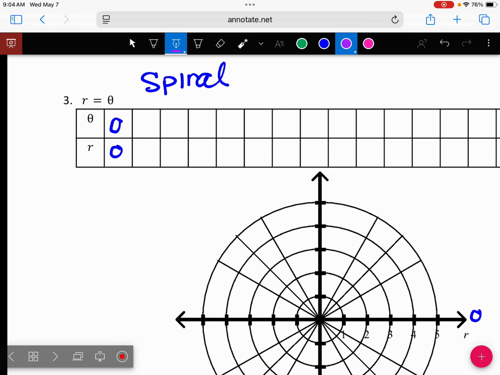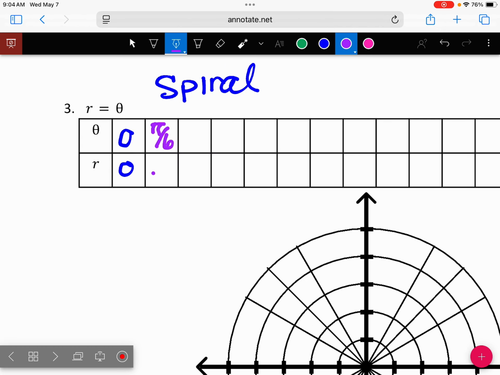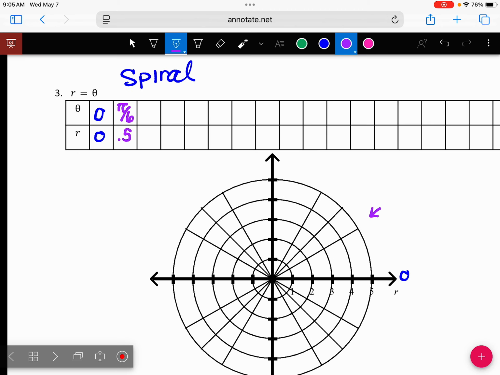What if our angle is this one, pi over 6? That's going to be tricksy to graph. What is pi over 6 as a decimal? 0.5-ish, yeah.